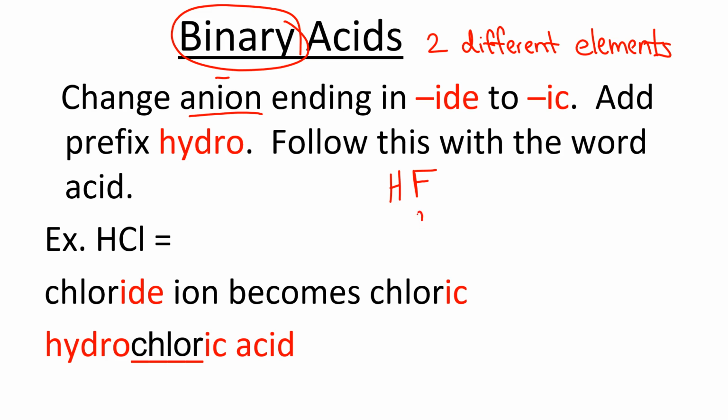So fluoride is going to become fluoric, and then finishing it off, I'm going to say hydrofluoric acid. So the only time you're going to use that format is if it's two elements and hydrogen is the first element.